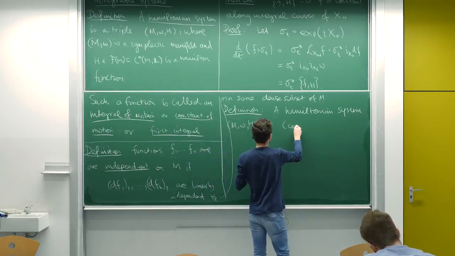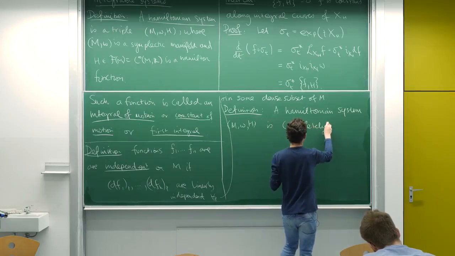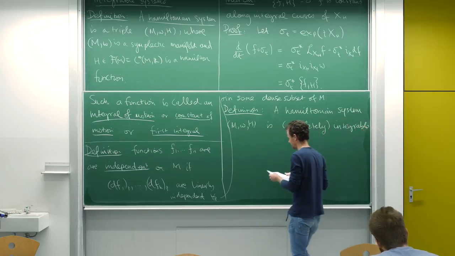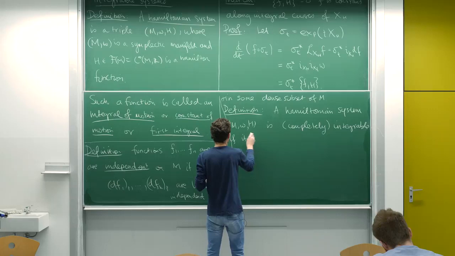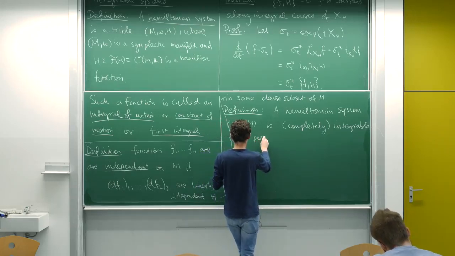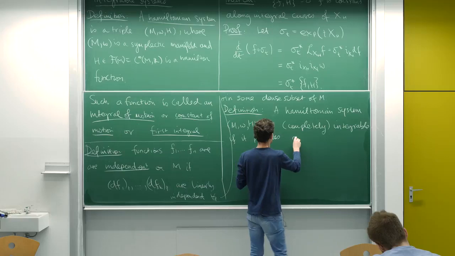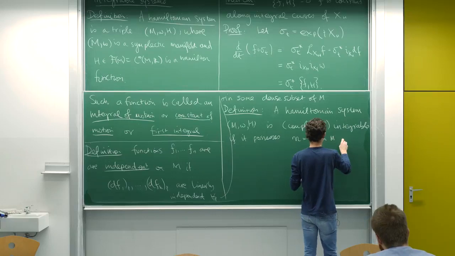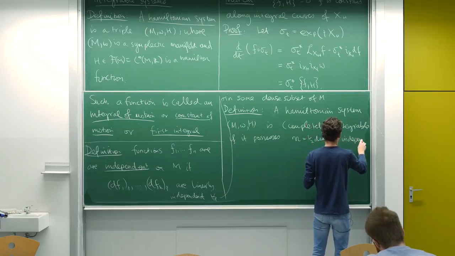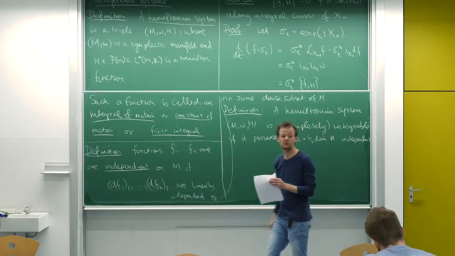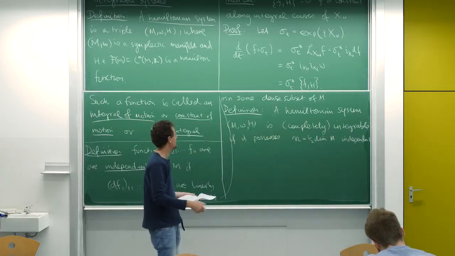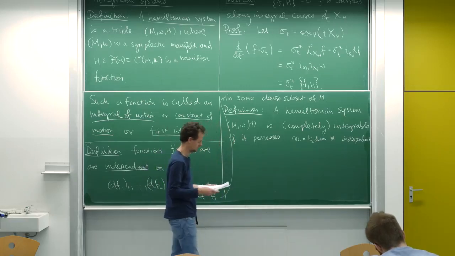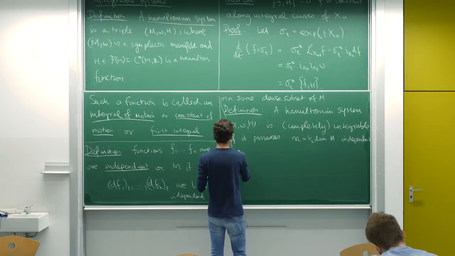And we're going to call it completely integrable. We're going to call a Hamiltonian system completely integrable if you can find as many independent functions as possible which are integrals of the motion.